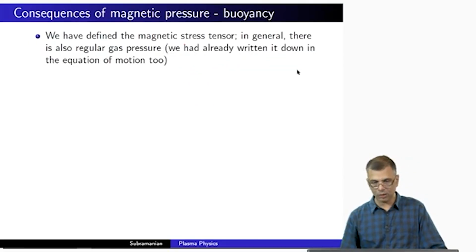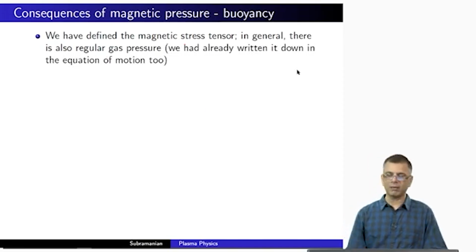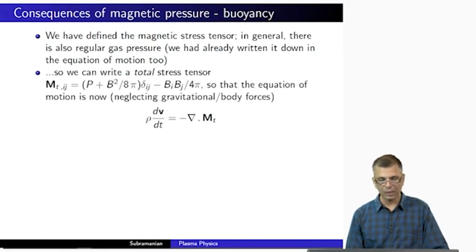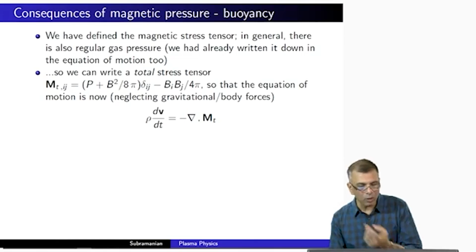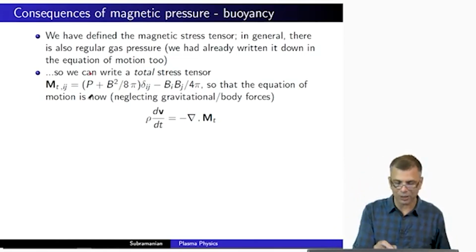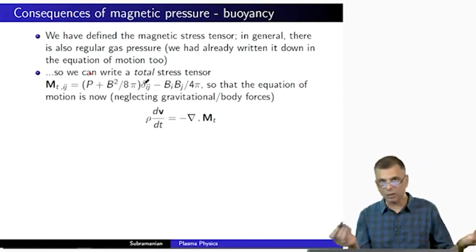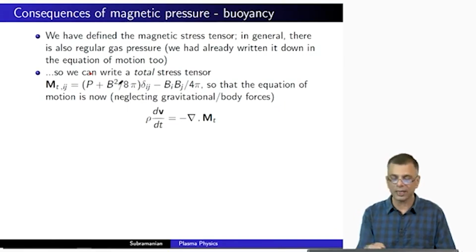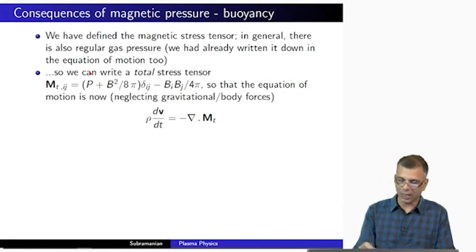And we have already written it down in the equation of motion as a gradient of P. So now we can write a total stress tensor as this: the usual scalar gas pressure, and the B squared over 8 pi delta Ij also looks like a regular gas pressure, because these are also totally diagonal. So you might as well club them both and write them right here. And these are the off diagonal terms.